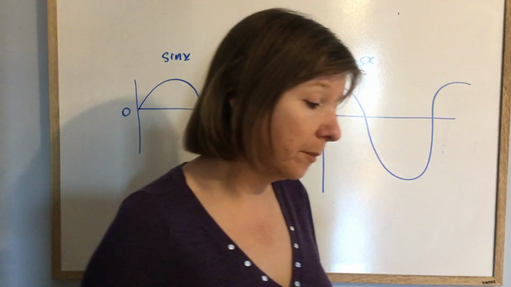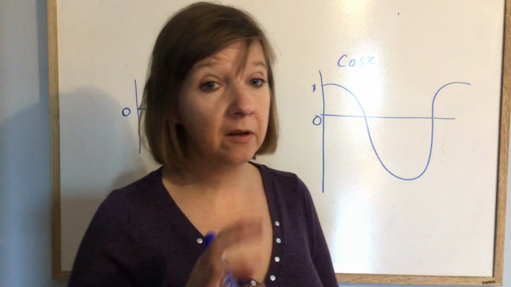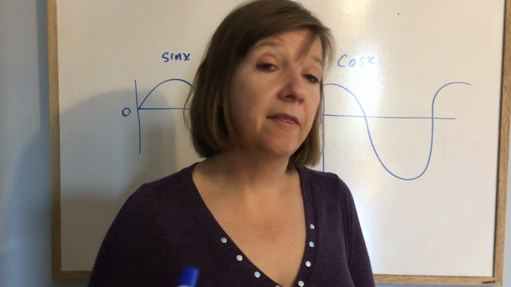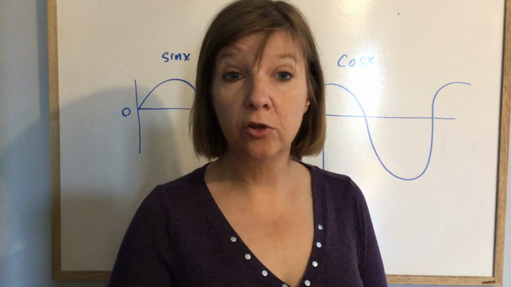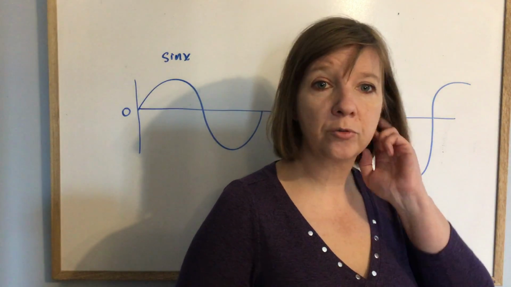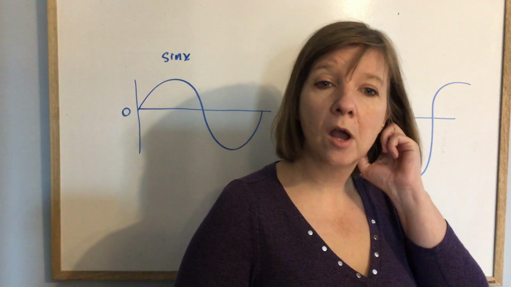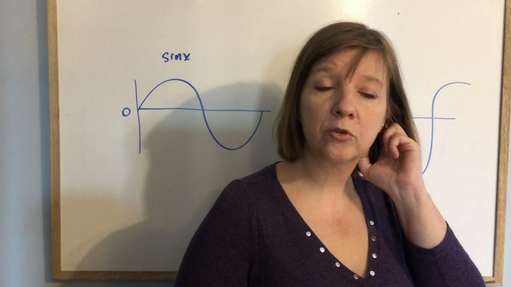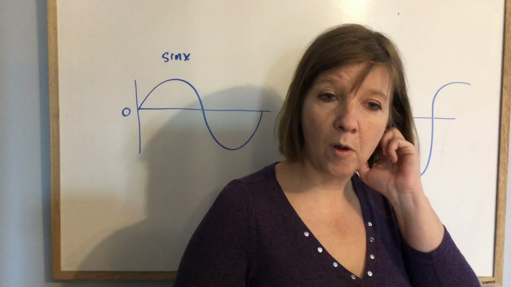So we're going to talk about just some basic limits, and then I'm going to show you how you would actually use them in a question. Now they do bring in a couple of trig identities. You are not going to have trig identities memorized.